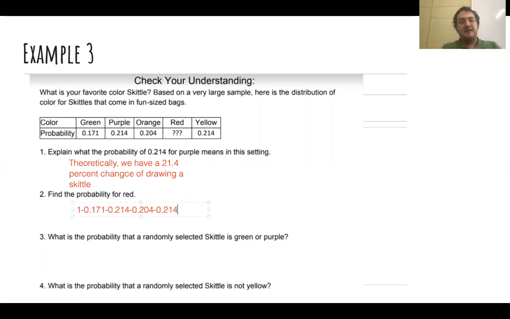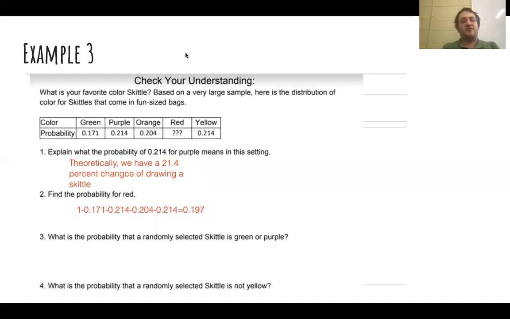We're going to find out in our calculator what that's going to be, and we're going to get 0.197.